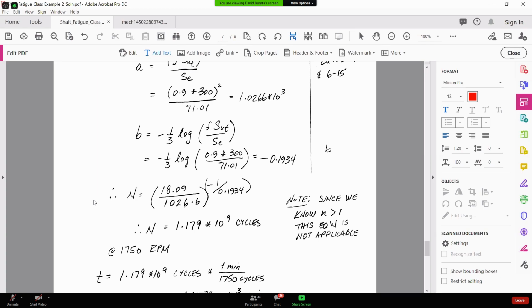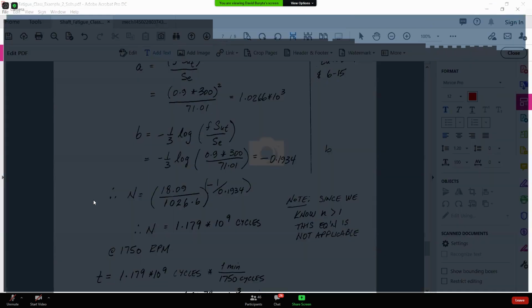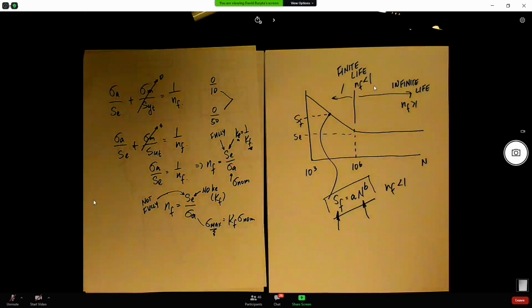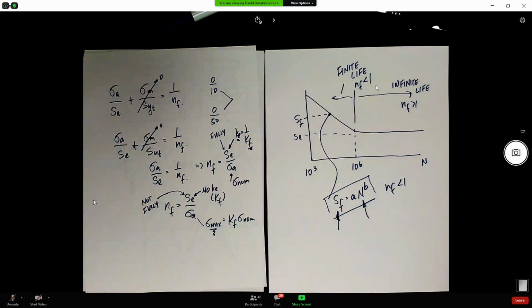Well, what I'm saying here, Mike, is if we got a factor of safety less than 1, which we didn't, then this equation becomes valid, and it allows us to go ahead and calculate the number of cycles to failure.